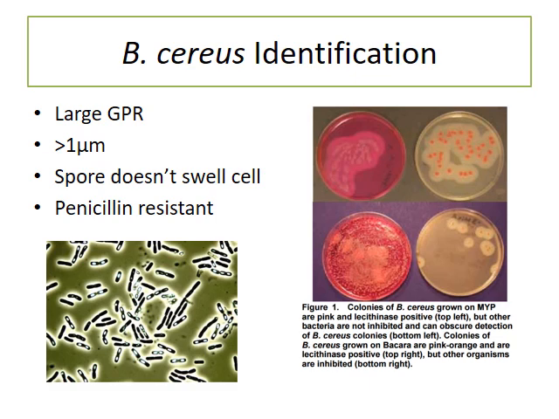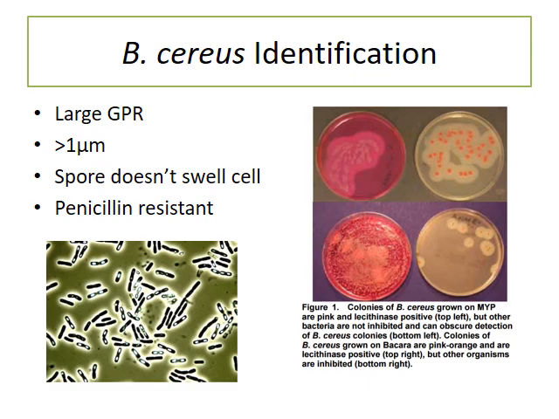Okay, and so there are some agars that help you to directly identify Bacillus cereus. We don't generally use these in the laboratory. These are more commercial in nature. But you can see them here. We have the MYP, which is mannitol egg yolk polymyxin. And you can see that the Bacillus cereus grows pink on that agar.